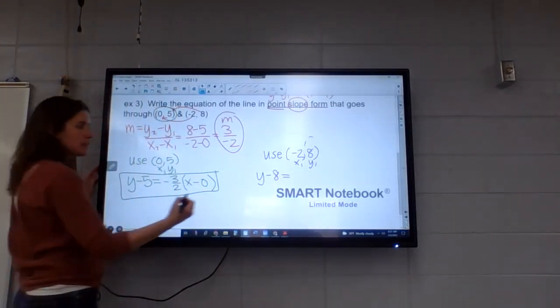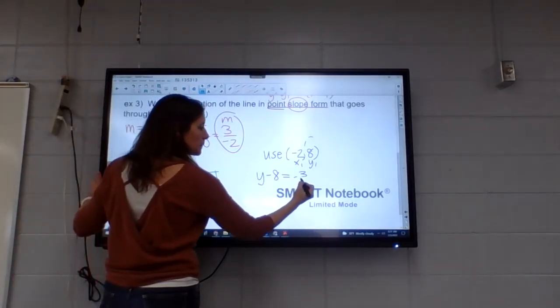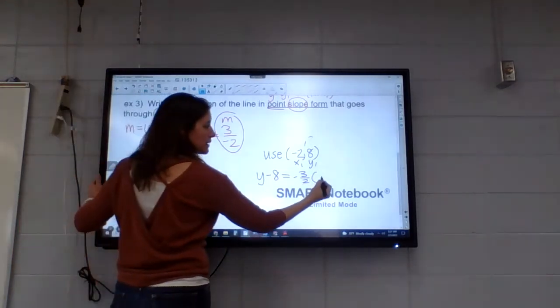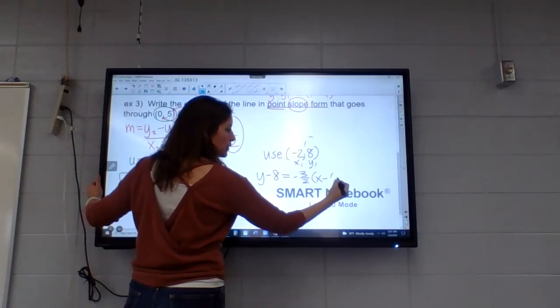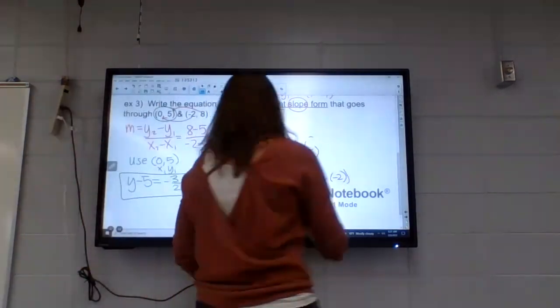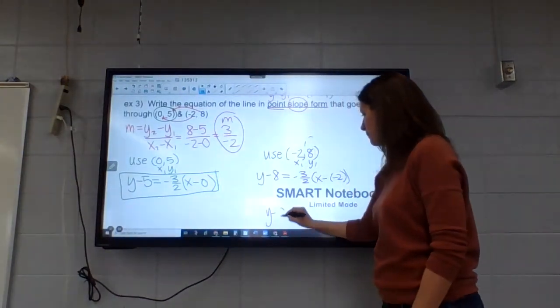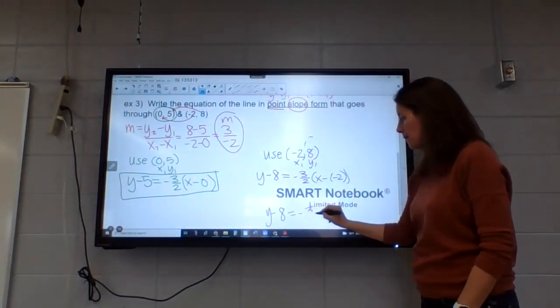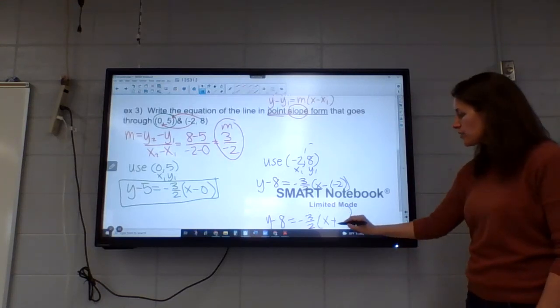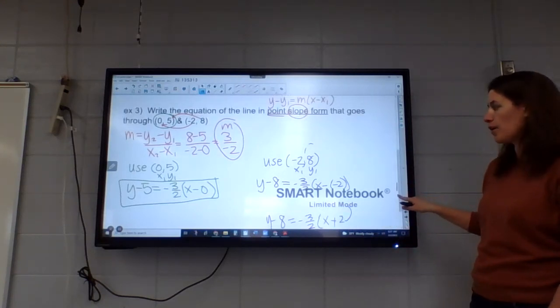My slope is still the same. And then x minus x, which is x minus -2. So I'd probably call that x plus 2. So either one works, so both of these are correct answers if I'm asking for point-slope form.